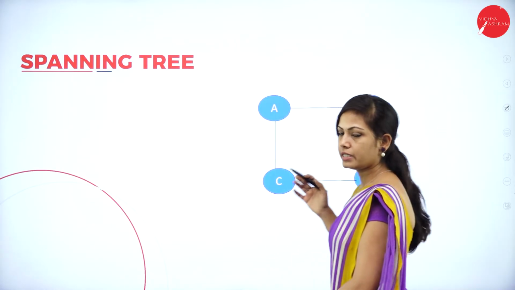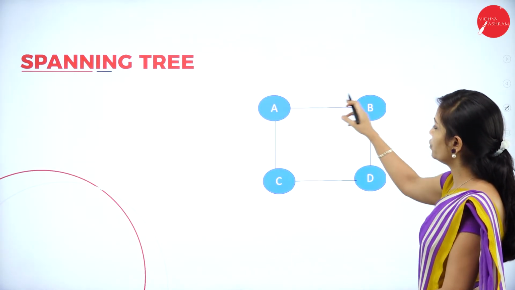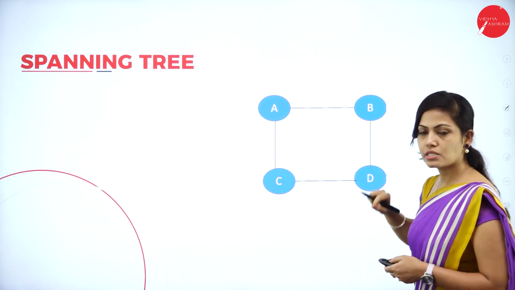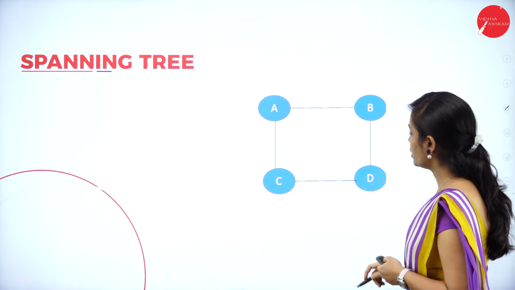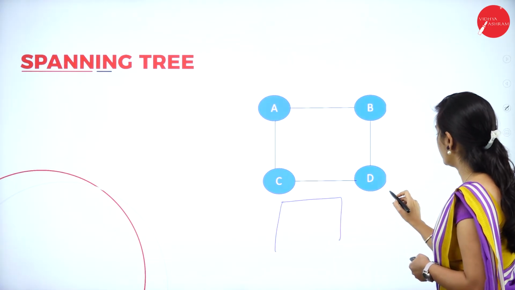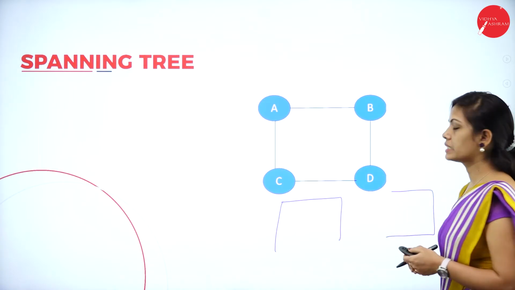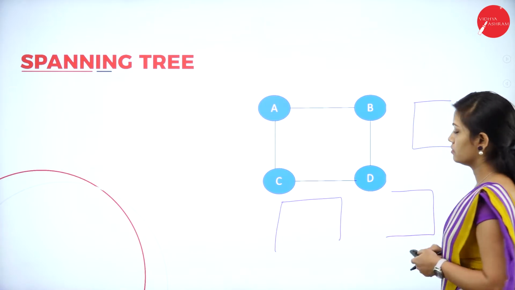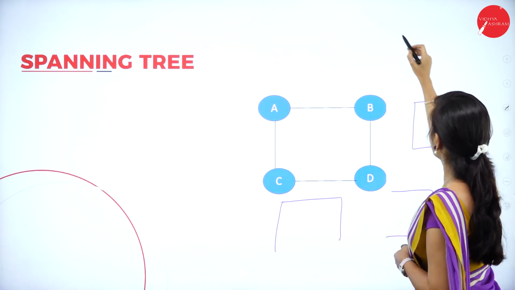So now another example for a spanning tree. So now it is a closed cycle. Is it right? Now I'll use this closed cycle and draw the spanning trees. First spanning tree and second one. Next.